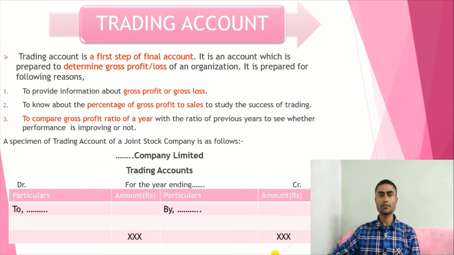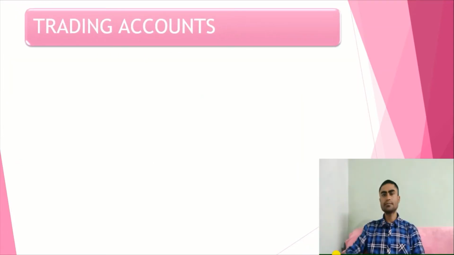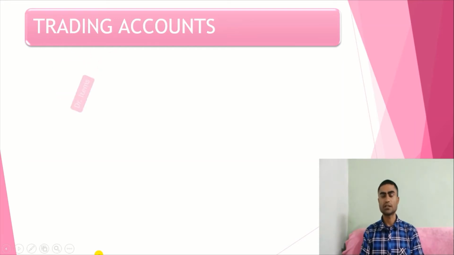After this we discuss its debit items and credit items. We already discussed debit items and credit items in the previous slide. Now here are the debit items and credit items of the trading account.